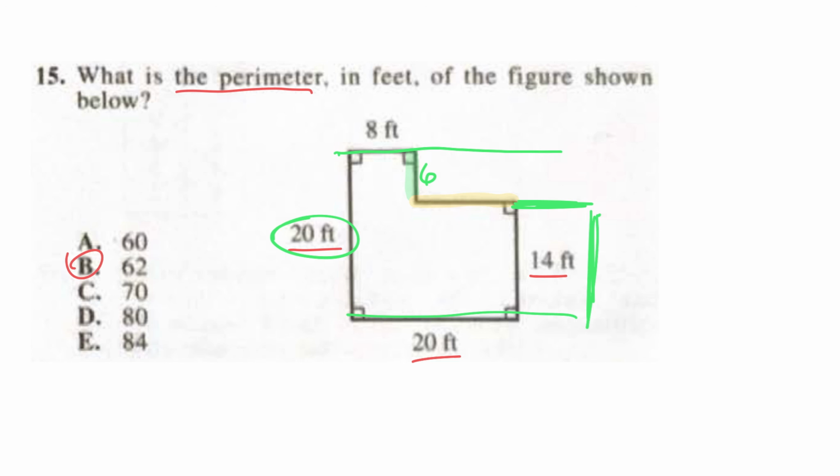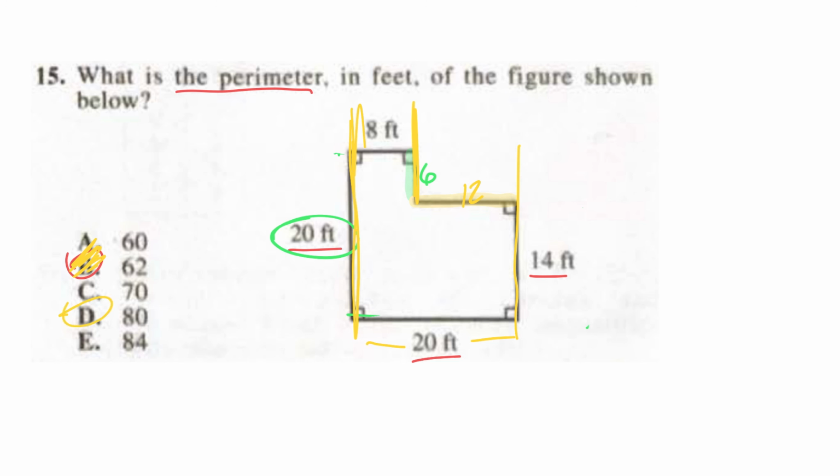And on the other side, we have a side of 20 from here to here, according to this. And from here to here is 8 of the 20, which means this side is 12. So we're missing 18 from our original total of 62. So our value solution is D.